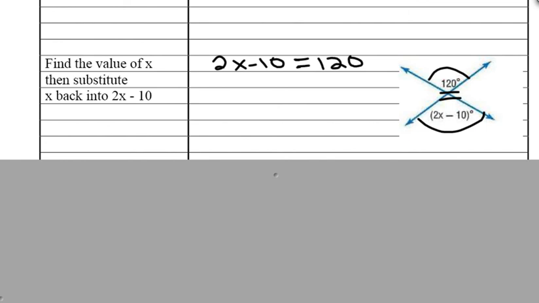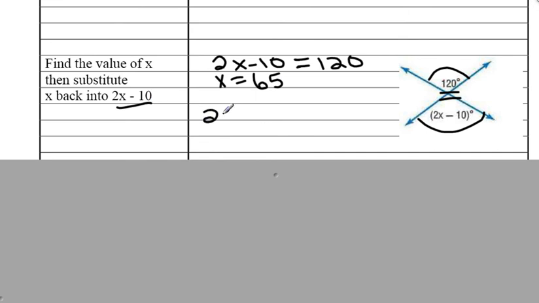So I would like for you to take a second to solve the equation for x. Pause the video and see if you get what I get. If you didn't get 65, go ahead and raise your hand and let me know. And after we've solved for x and we got 65, let's go ahead and substitute our x back in to the expression 2x minus 10.